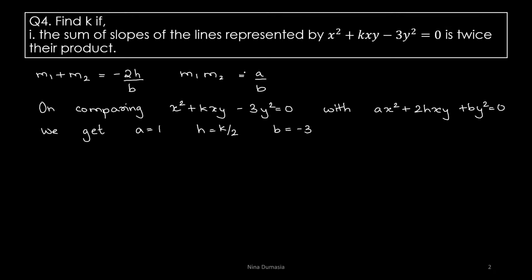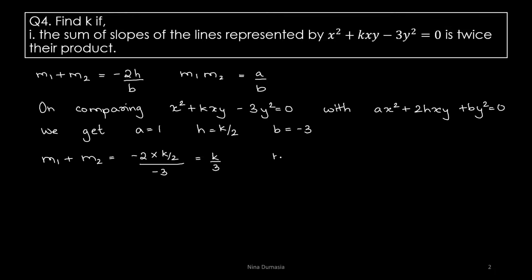Okay, so अभी यहाँ पे हम सब्स्टिट्यूट कर सकते हैं, so m1 plus m2 is equal to -2 into k by 2 divided by -3, which is equal to just k by 3.